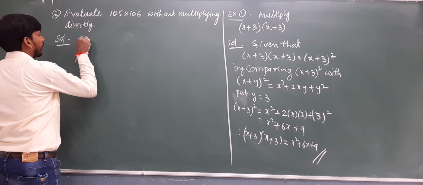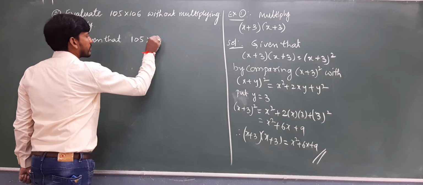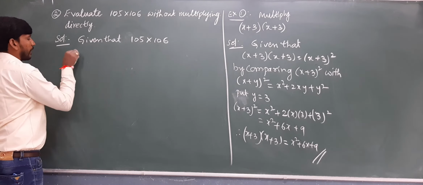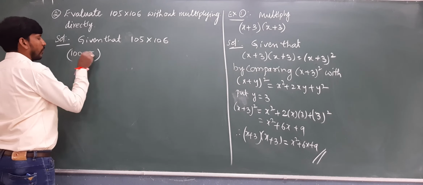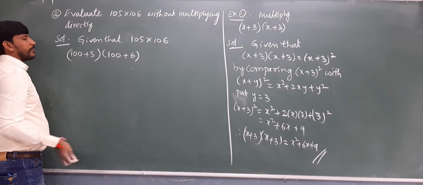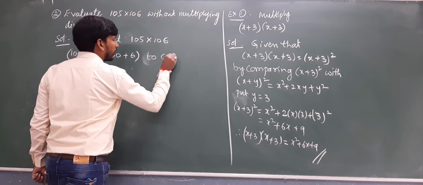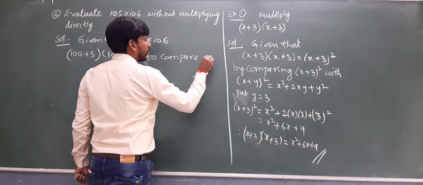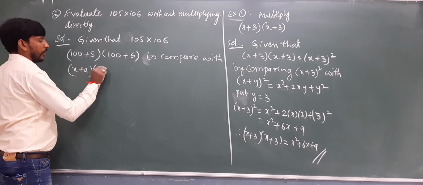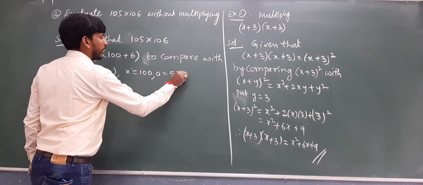Now see this. Given that the problem is 105 into 106. This 105 into 106 can be written as 100 plus 5 into 100 plus 6. Now this bracket part I am going to compare with x plus a into x plus b, where x equals 100, a equals 5, b equals 6.